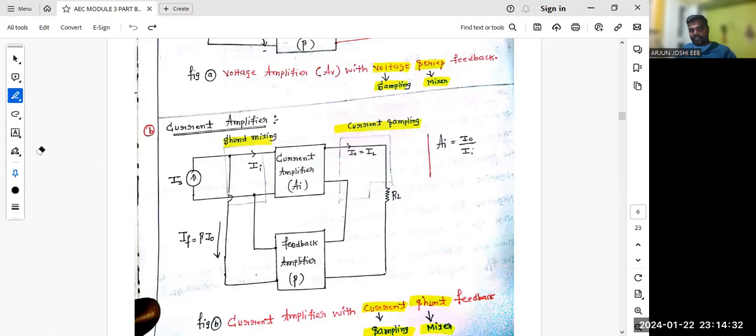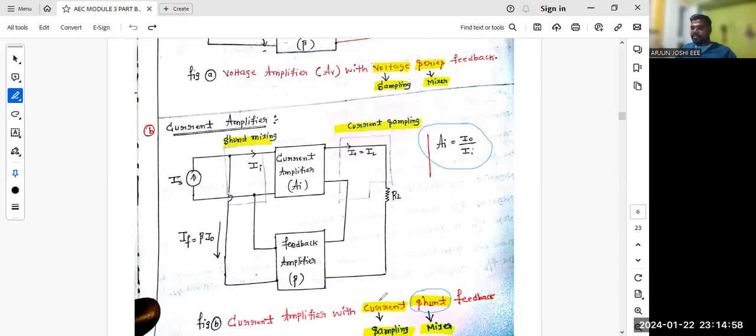Here AI is nothing but output current divided by input current. What is the input current? I is nothing but input current. How do we need to connect input current? We already studied that input current means the mixer is in the form of shunt, vice versa of the voltage amplifier. The mixer should be in shunt.